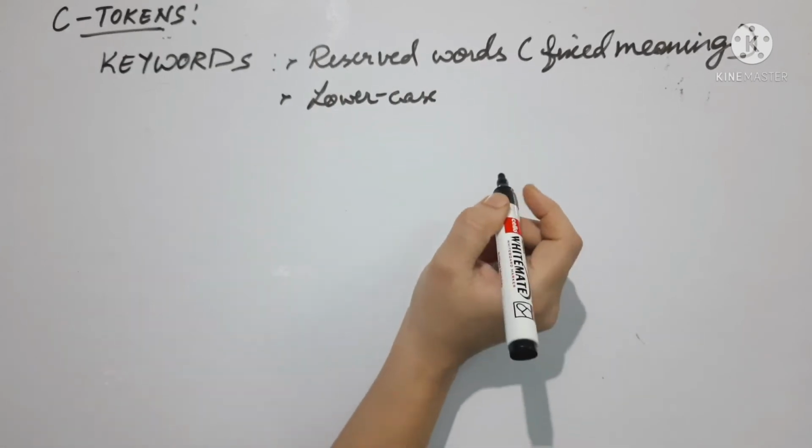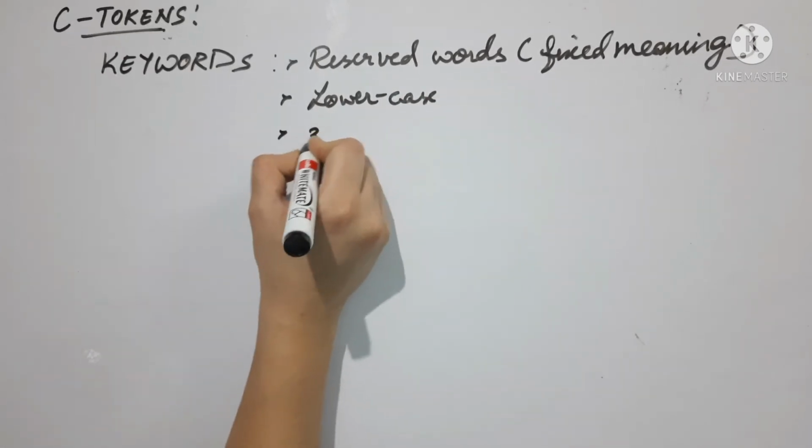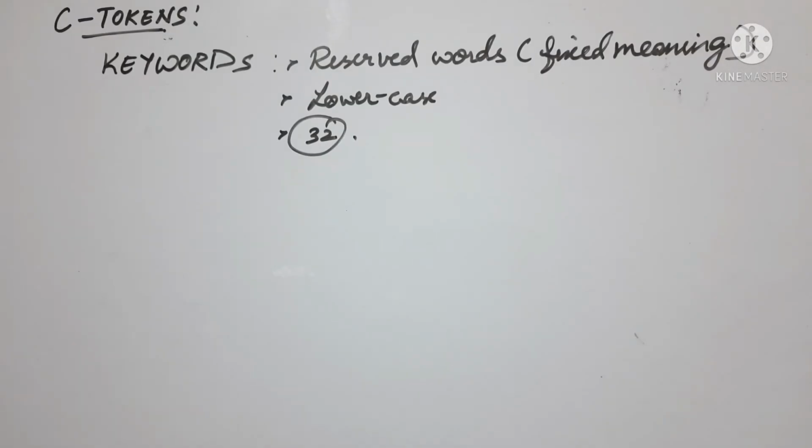Now in the C programming language, we have a total of 32 keywords. What are they? Let me write them down for you.